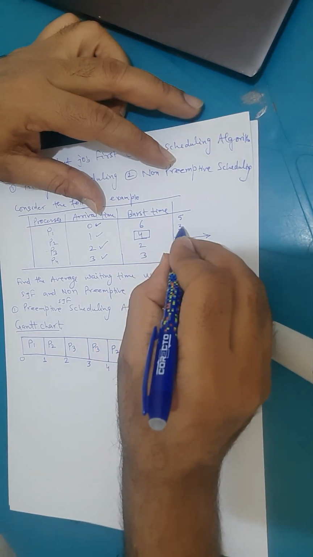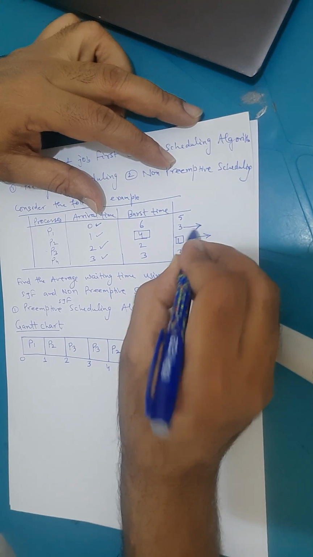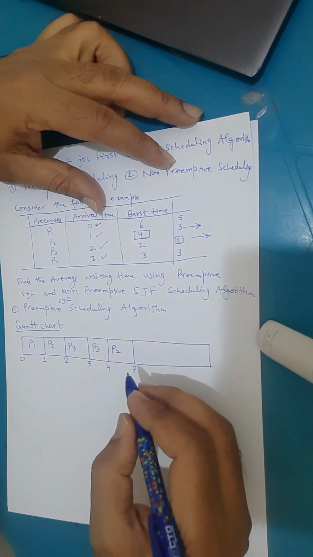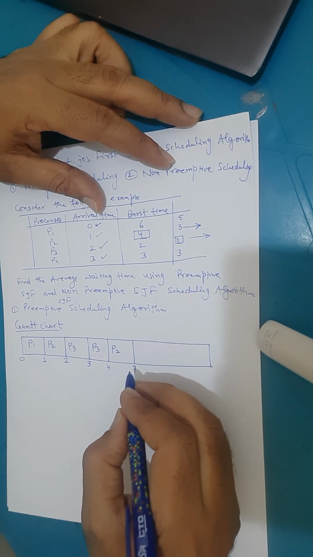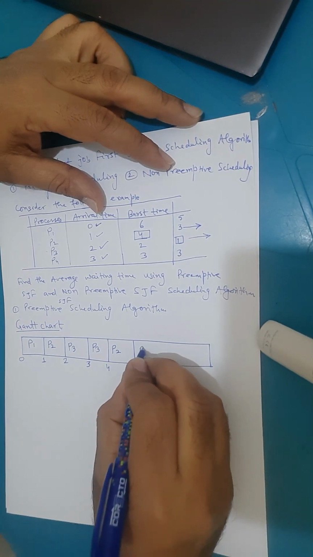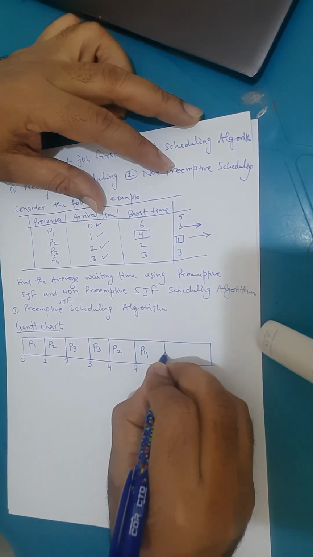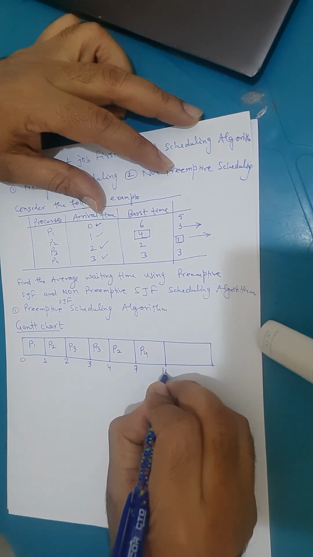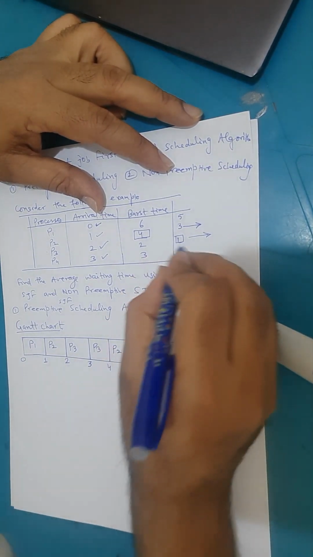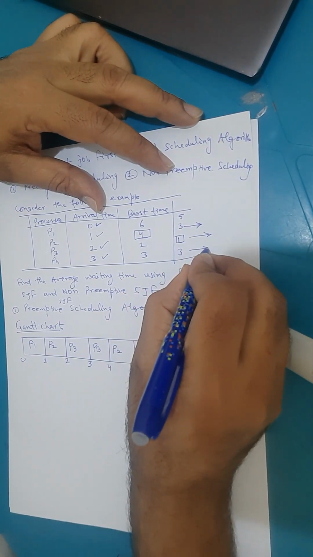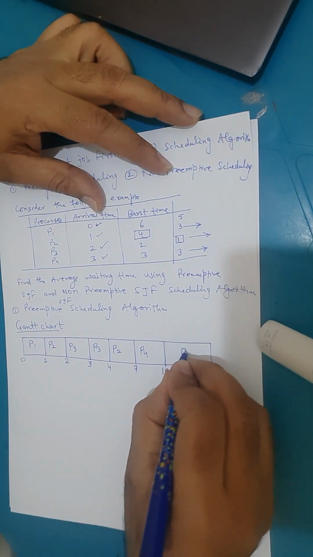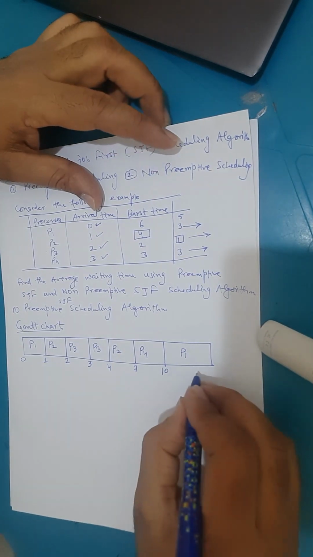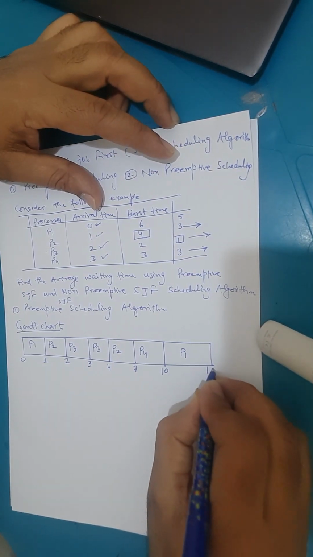So P2 will exit from the system now. So at 7 there are two processes, P1 and P4. P4 has the shortest burst time, so P4 will execute now, and P4 will execute up to 10. Now P4 will exit from the system and there is just one process in the system, P1. So P1 will execute now up to 15, right?